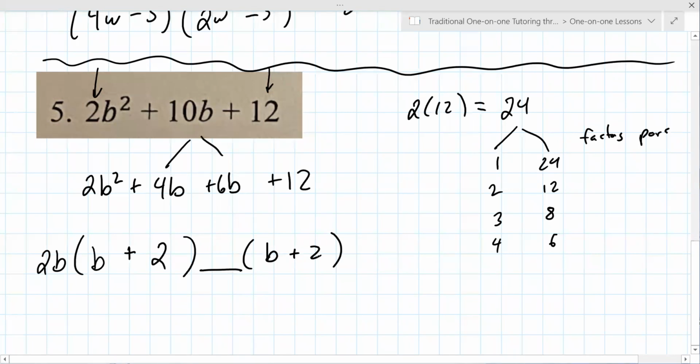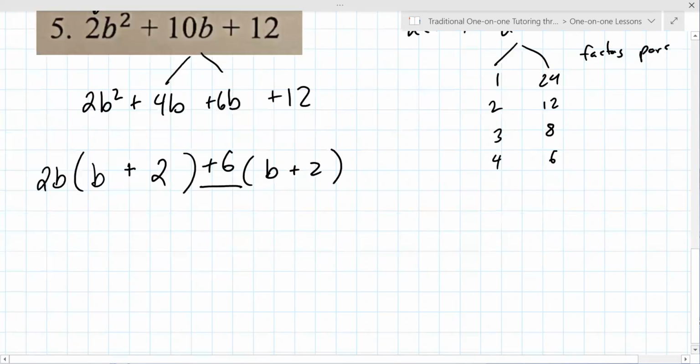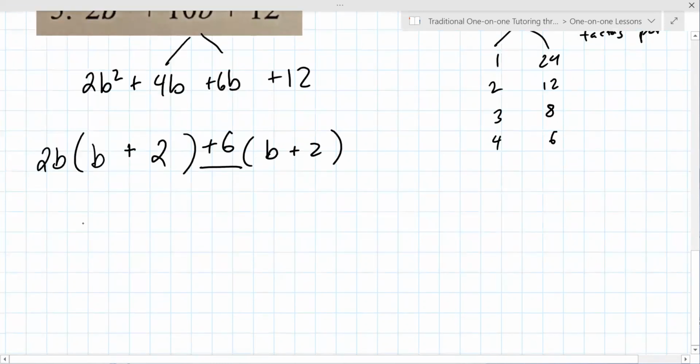What do you multiply 2 by to get to 12? 6. Okay, and is 6 times b 6b? It's positive 6b. Yep, very good. So again, you take what was in parentheses, and then you take the two things that are not in parentheses, and you write them next to each other.